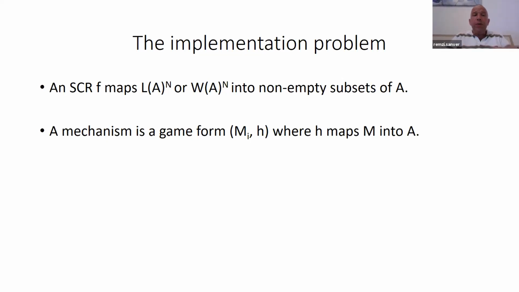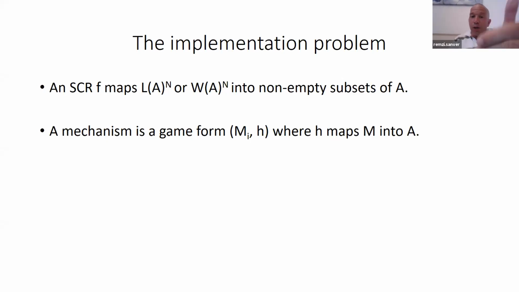Technically speaking, a mechanism is a game form where M_i is the message space of individual i. Capital M is the Cartesian product, so M is a profile of messages, and H maps M into A. Given any message profile, H gives precisely one alternative, which is the outcome.